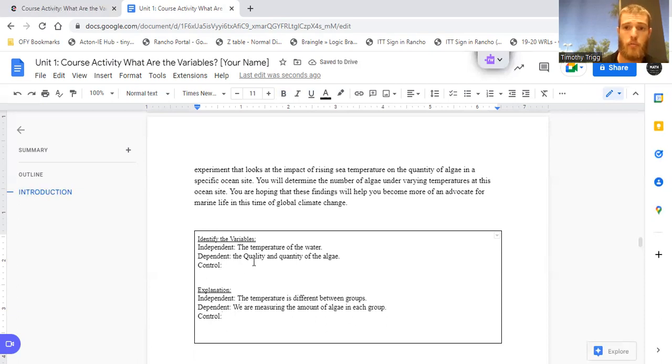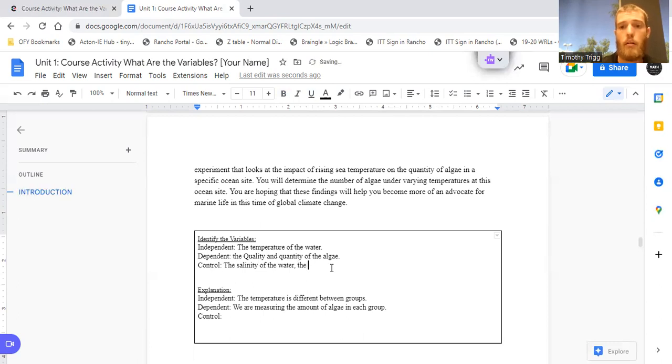And the control variables. So there's plenty of control variables, right? So think about, the water needs to be the same. So the water, the salinity of the water, maybe. Salinity. All right, salinity of the water, which means how salty the water is.